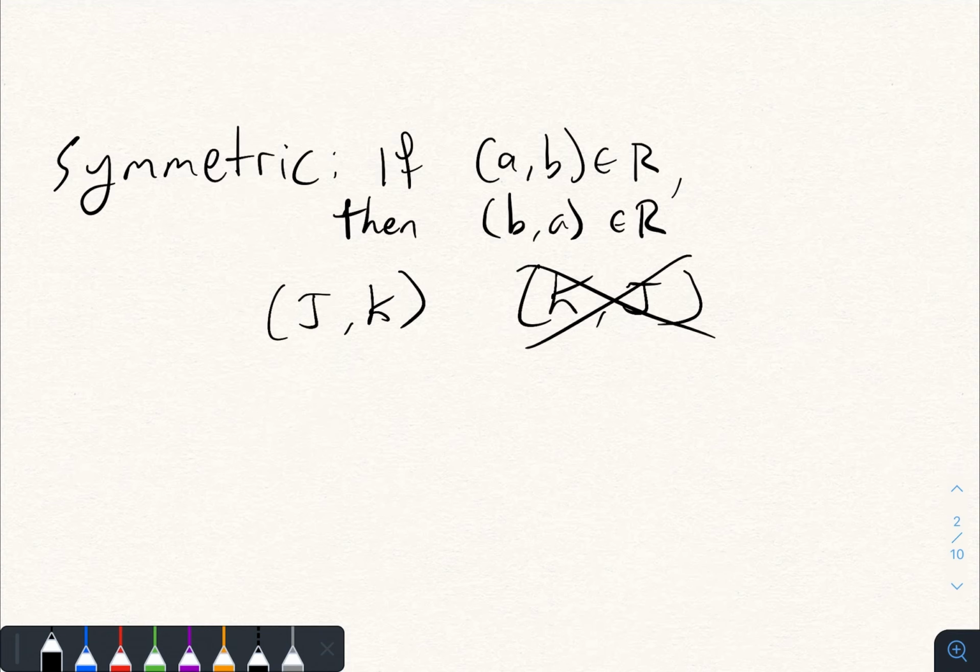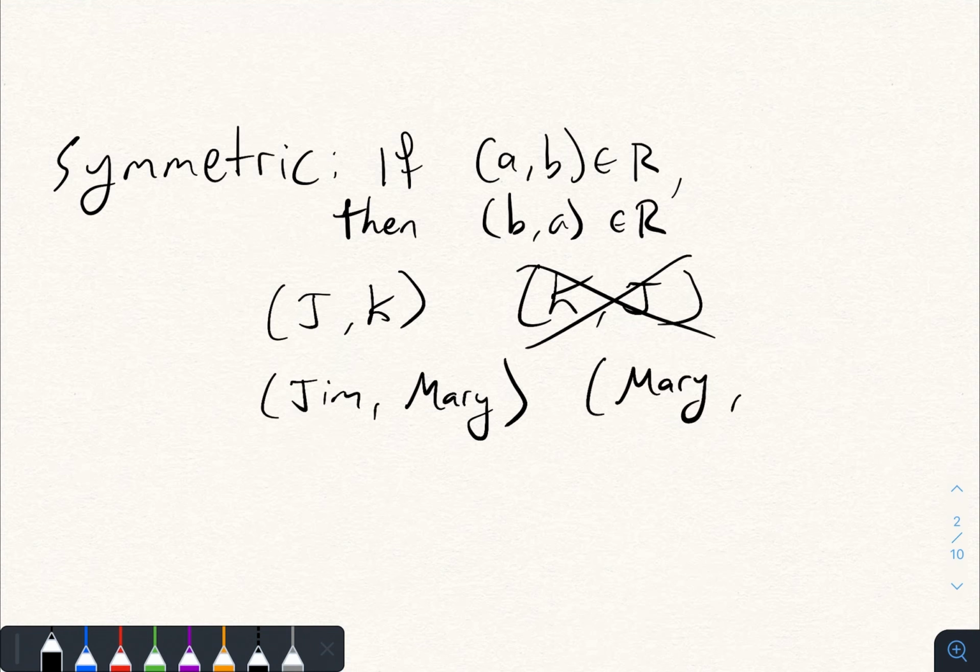But if we go back to the same color shirt example, let's say Jim and Mary both have a red shirt on. Jim would be related to Mary because Jim has the same color shirt as Mary, and Mary would also be related to Jim because Mary has the same color shirt that Jim has.